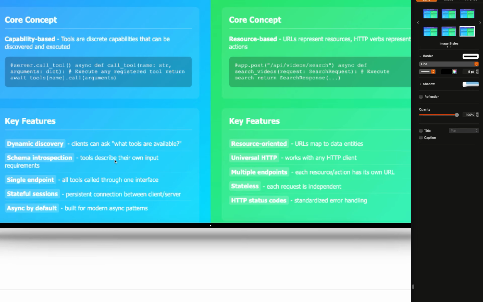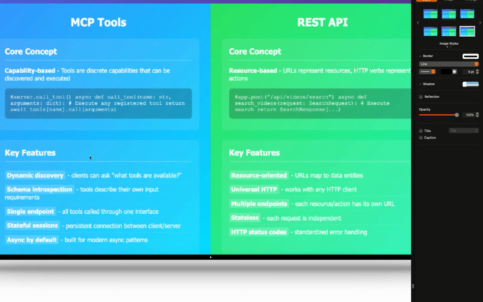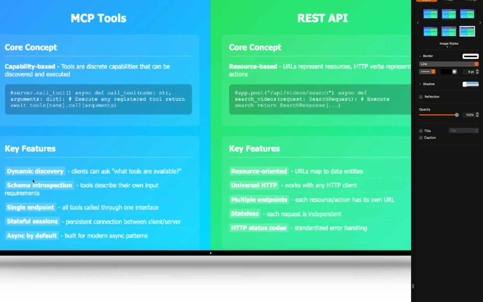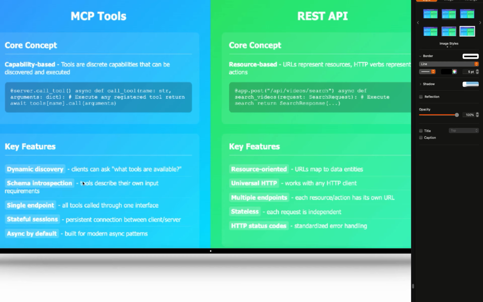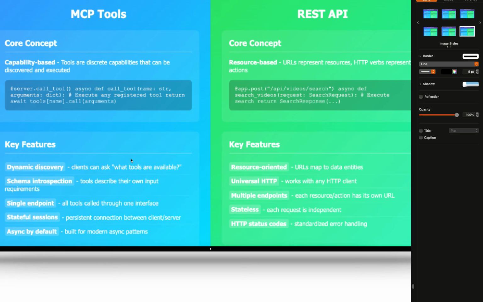By contrast, when we're working with MCP tools, it's completely dynamic, and it's always changing. You're always asking what tools are available, and you're going to see that we list them. The schema, you can describe your own input requirements. There's only one single endpoint.